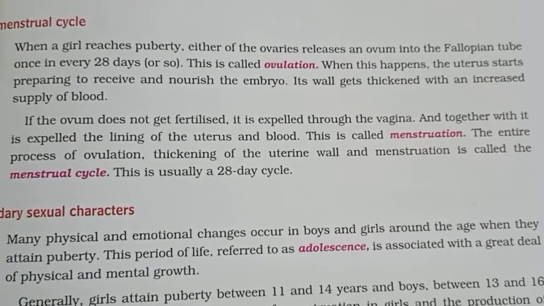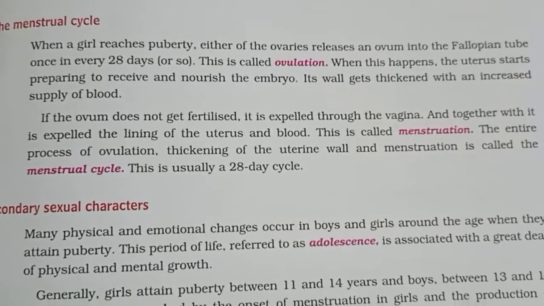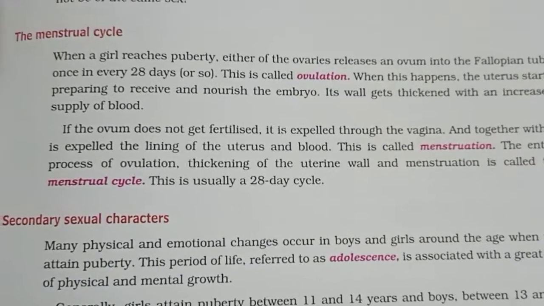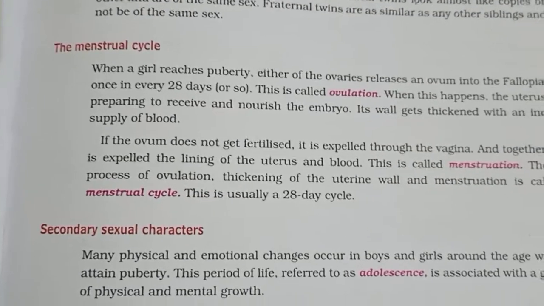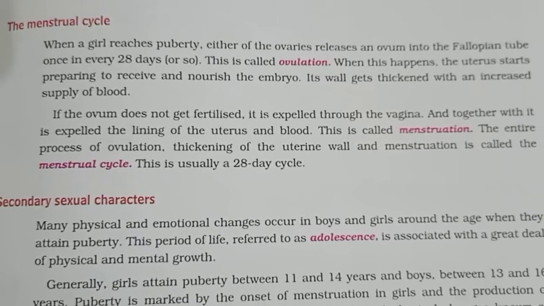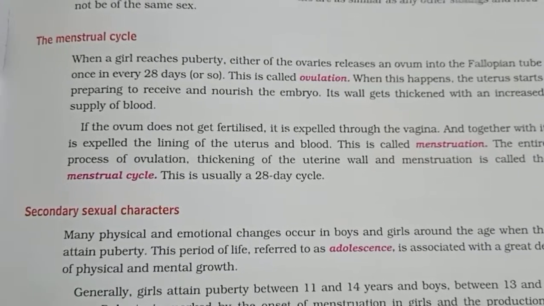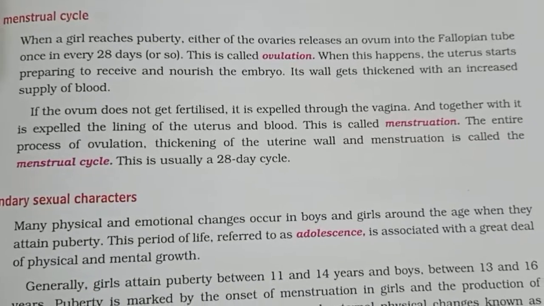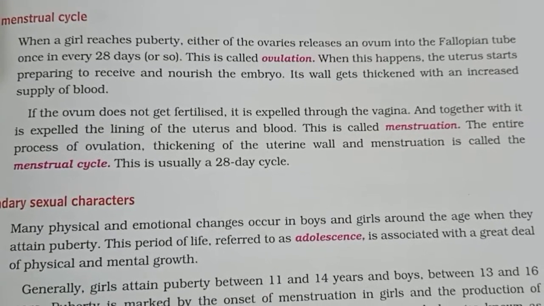So when the girl child has reached puberty, her ovary starts releasing an egg, and that egg passes from the ovary through the fallopian tube every 28 days.